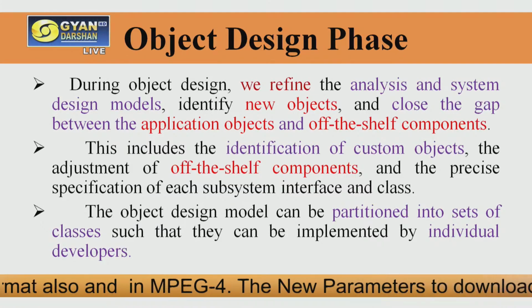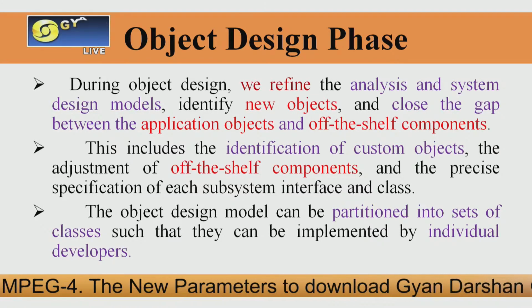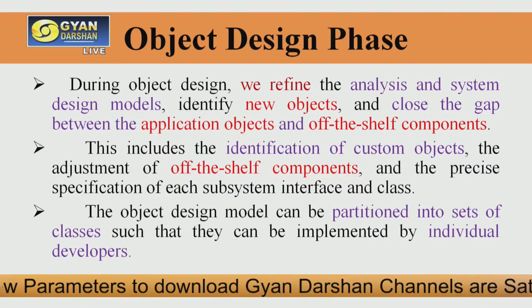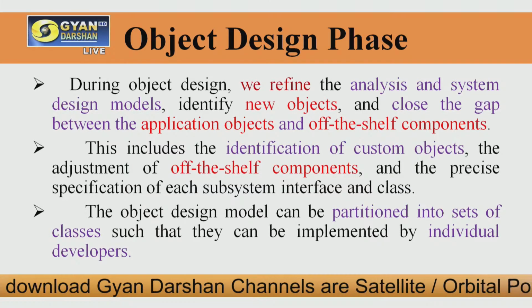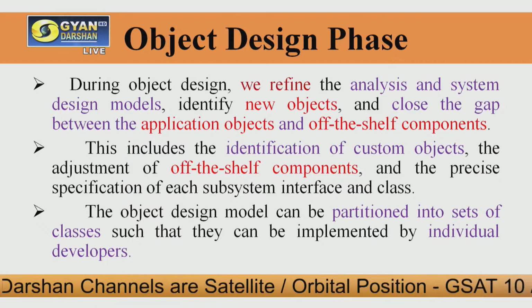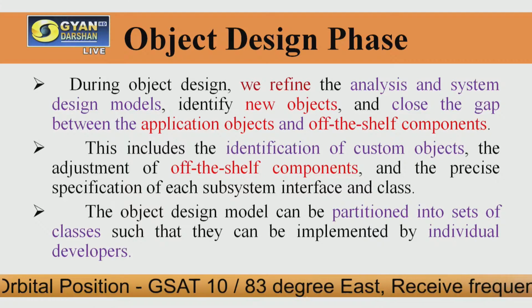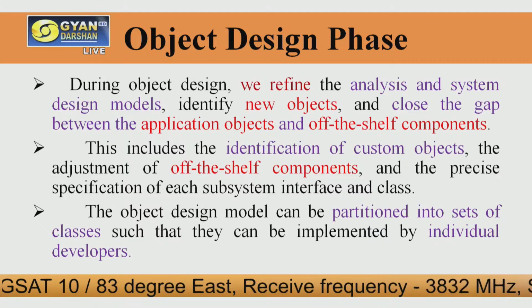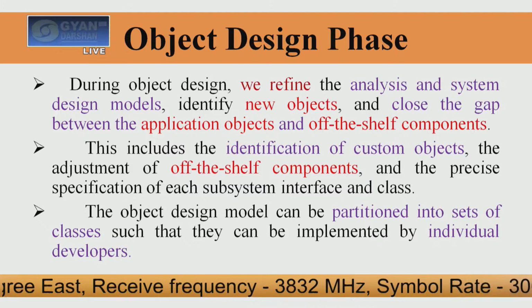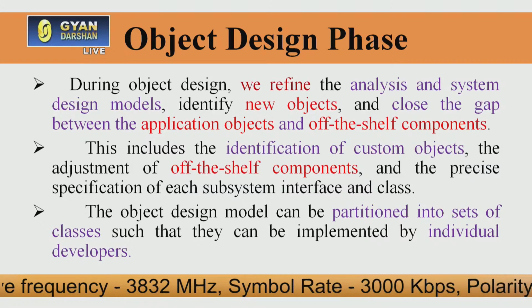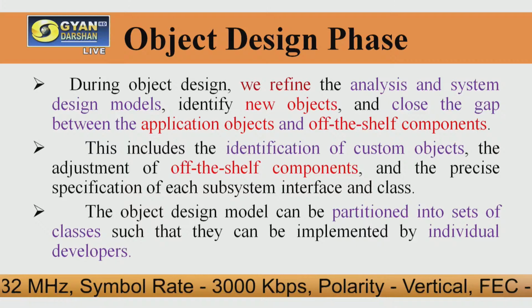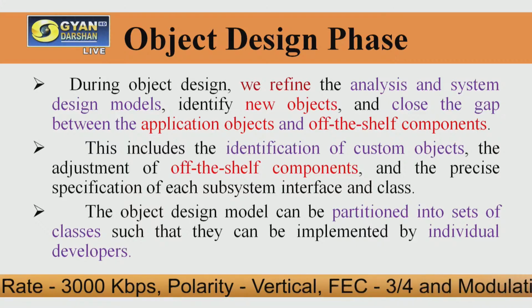So the basic purpose of object design, while we are analyzing, designing and developing the system, is to find out how we will develop some new components or objects, how we will design and gradually implement those objects, how we can use components that already exist, and how we can sync these two different developments. One is already developed as an independent component, that is the off-the-shelf component, and the second is what we develop as a domain expert for our application.